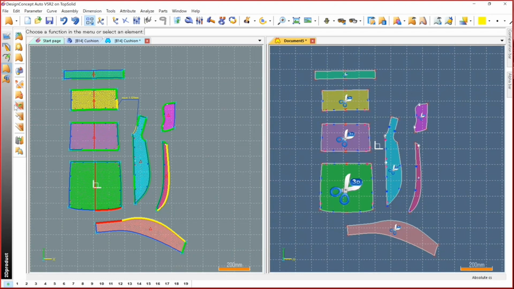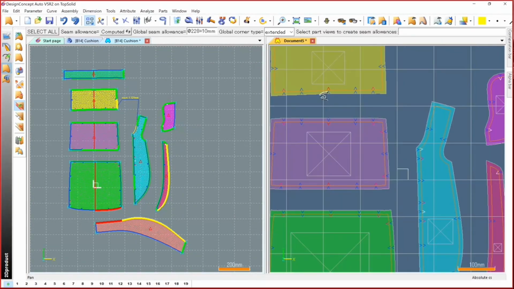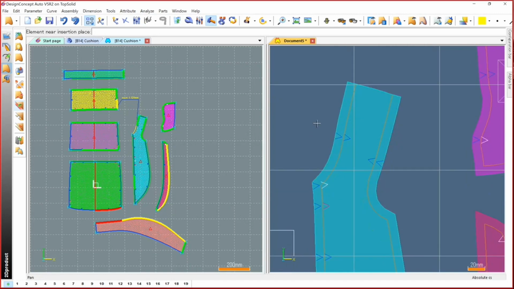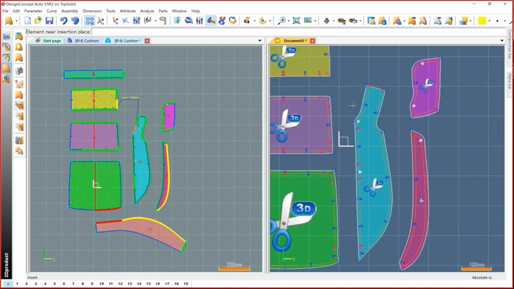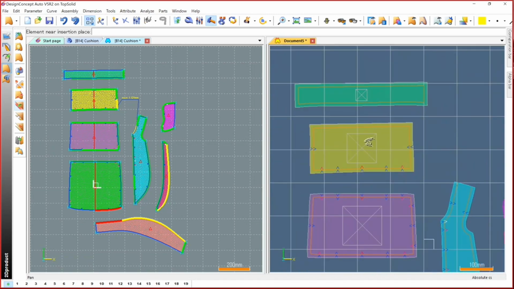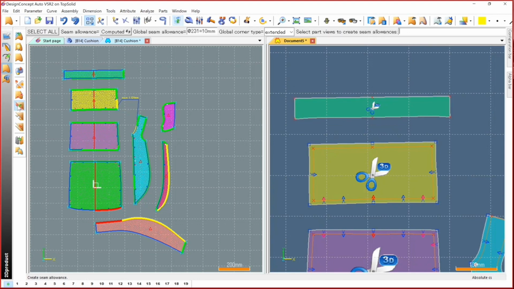He's going to add the seam very quickly. It can be at 10 millimeter, 8 millimeter, or 7 millimeter, upon your request. It's up to you.